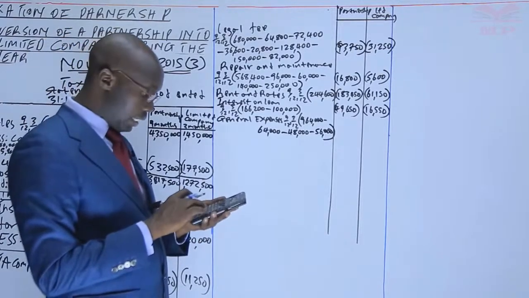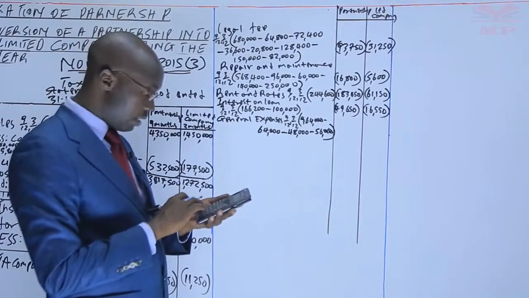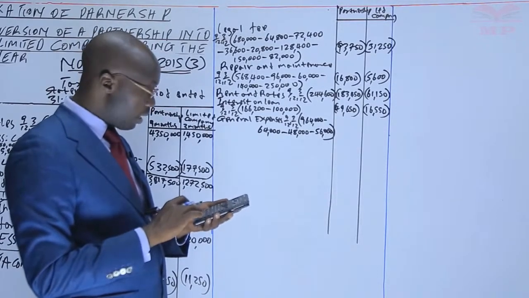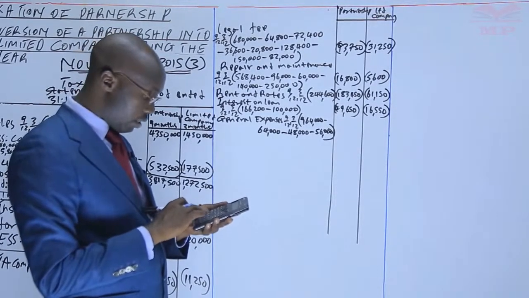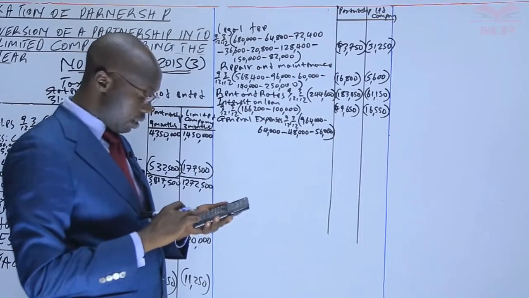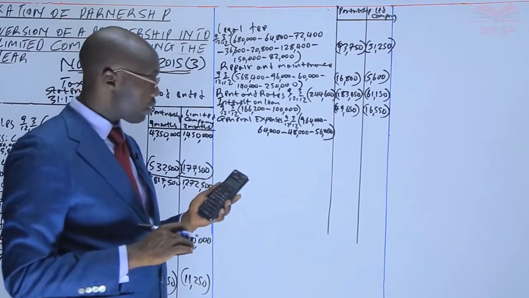So we are going to take 964,000, and then we minus 64,000, and then we minus 48,000, and then we minus 56,000. You have 796,000.